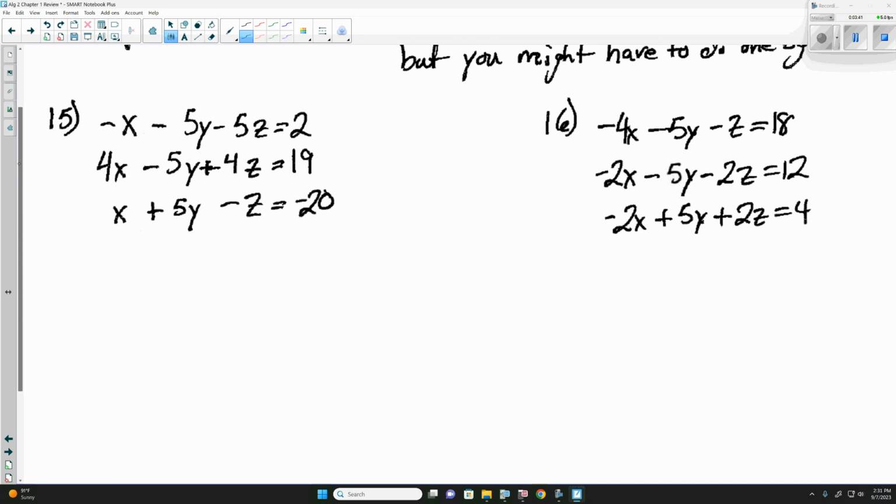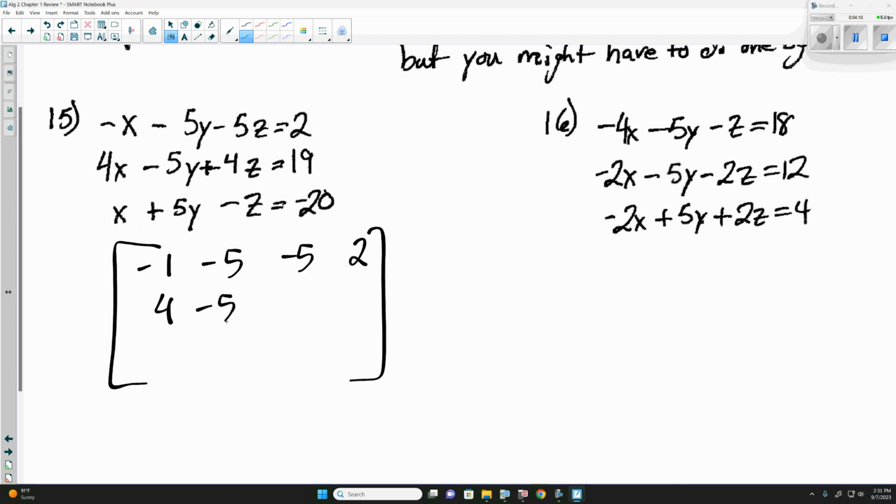Yes. Is that all it is? Yeah. Like matrix and then like edit, right? Because to plug it in, we'll write the augmented matrix, which would be -1, -5, -5, 2, 4, -5, 4, 19, 1, 5, -1.